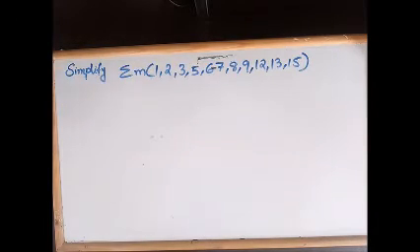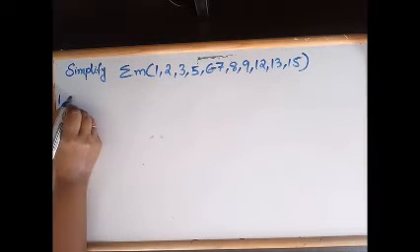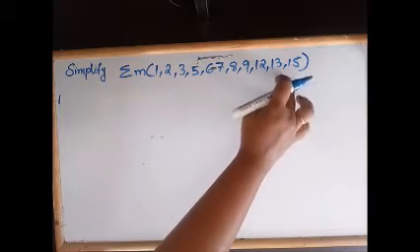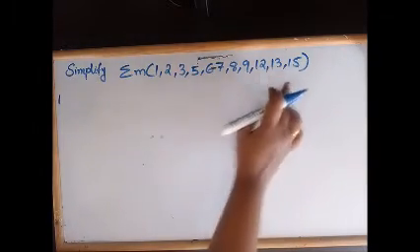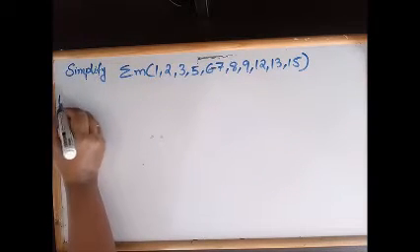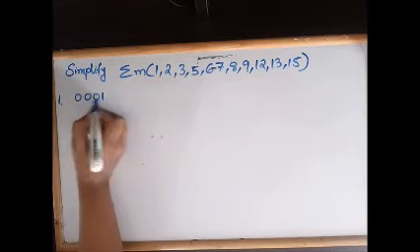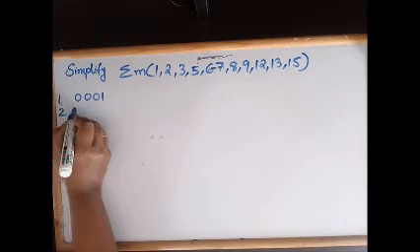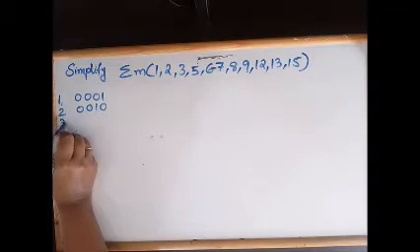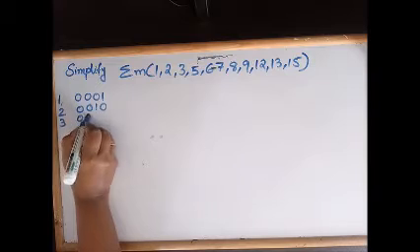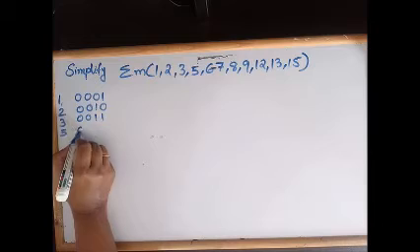Since we are considering variables up to 4, we need to represent each in 4 bits. So min term 1 is 0, 0, 0, 1, and the next min term 2 is 0, 0, 1, 0, and 3, that is 0, 0, 1, 1. Then 5 is 0, 1, 0, 1.